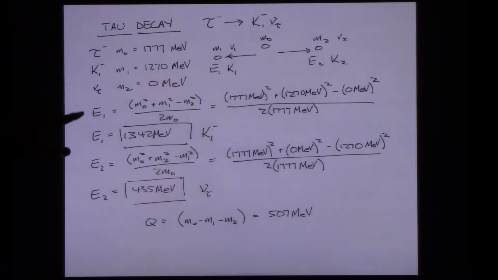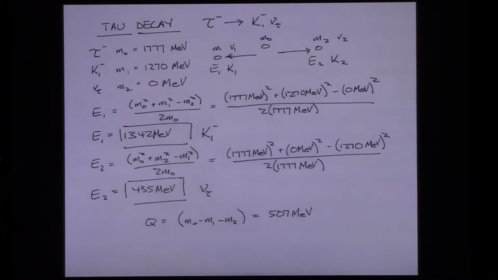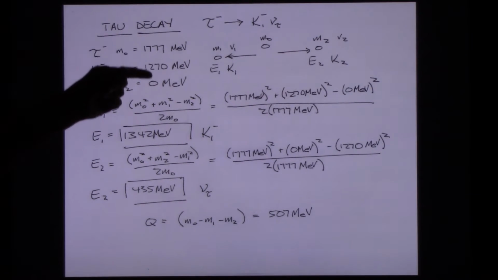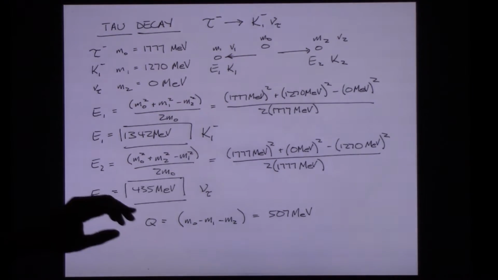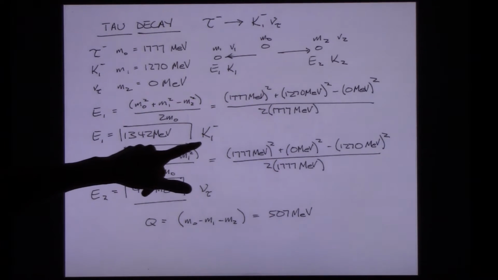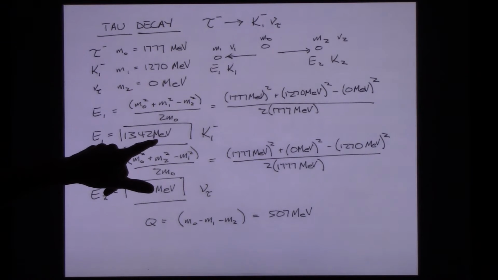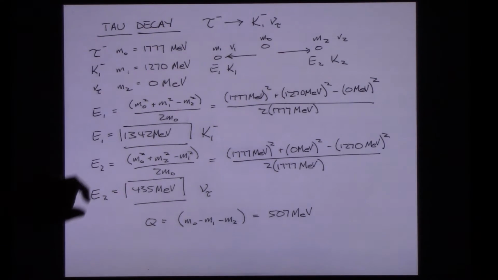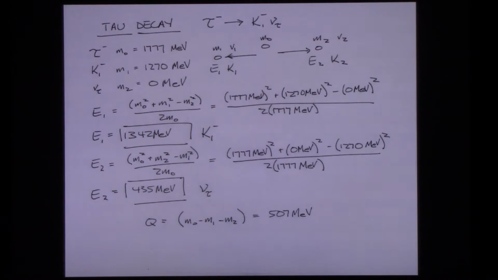So I just plugged in values for M0, M1, and M2 into here. I didn't worry about the factors of c because the masses are all given in terms of energy units to start with. Plugging everything in and carrying out the calculations, I got that the K1 picks up 1342 MeV of the total energy, and that the neutrino gets 435.